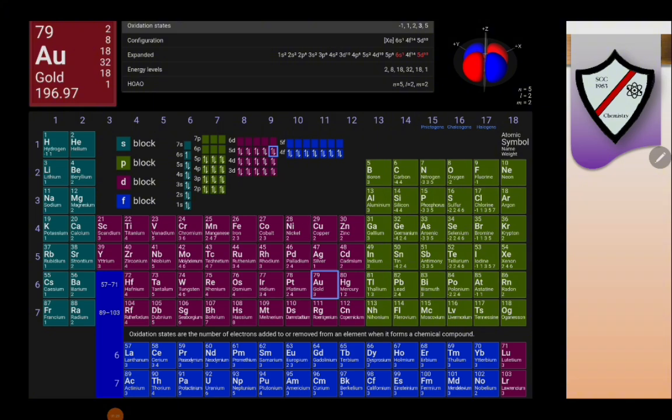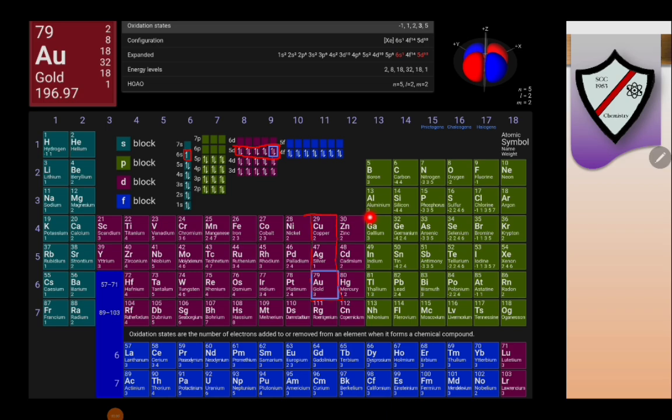Copper, silver, and gold all display this behavior at the end of their electron configurations, where instead of placing 2 electrons in the 6s orbital and 9 electrons in the 5d orbital, it places 1 electron in the 6s orbital and 10 electrons in the 5d orbital, because that gives you a half-filled s orbital and a fully filled d orbital, which is a more stable configuration than a full s orbital and a half-empty d orbital.